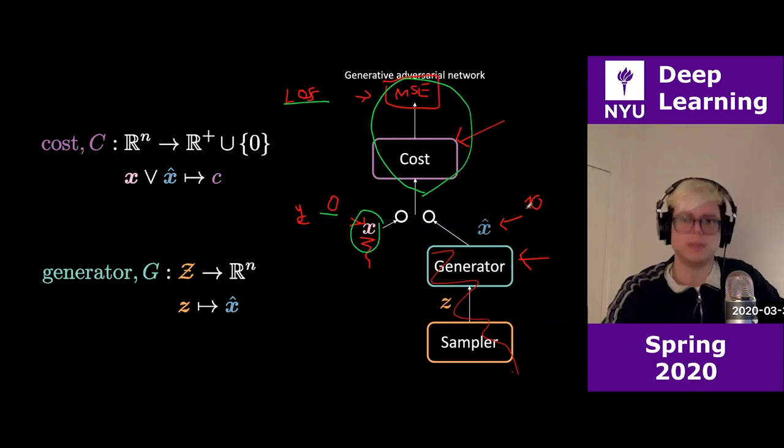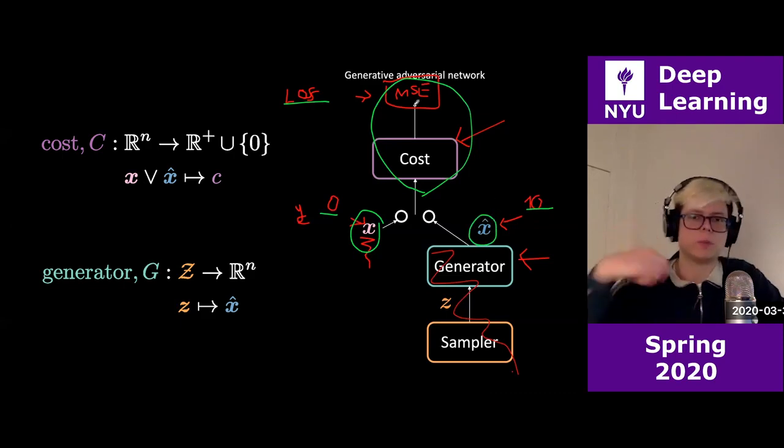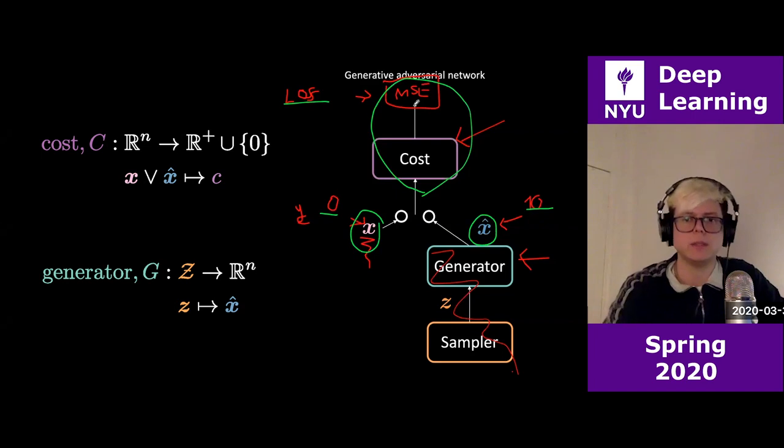And for the sake of example, I like to have an MSE against 10 whenever I input a blue sample. Now we perform several steps of gradient descent in the parameter space of the cost network, such that we minimize this loss.